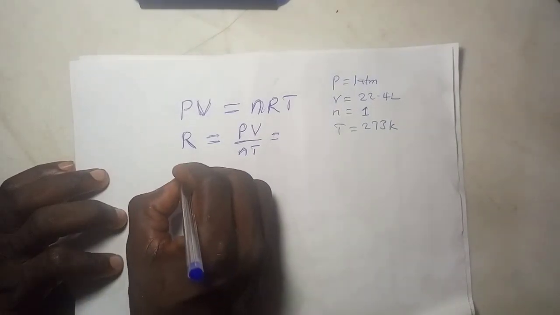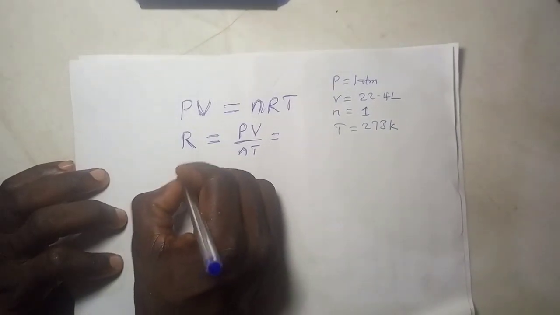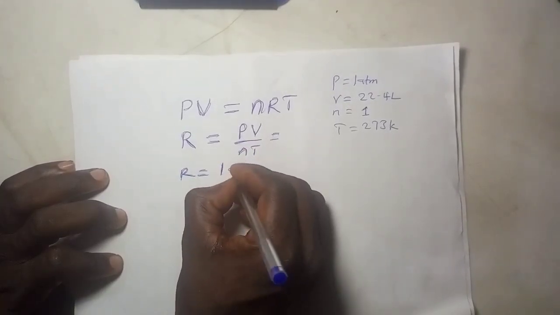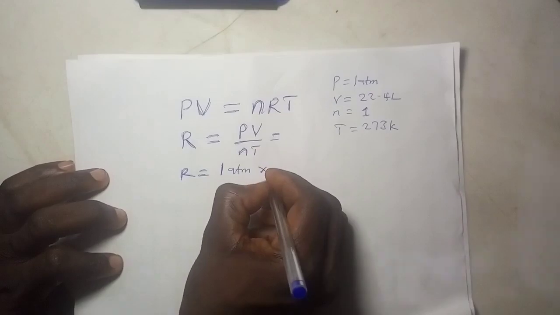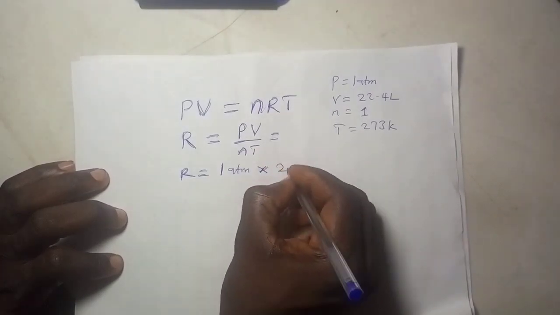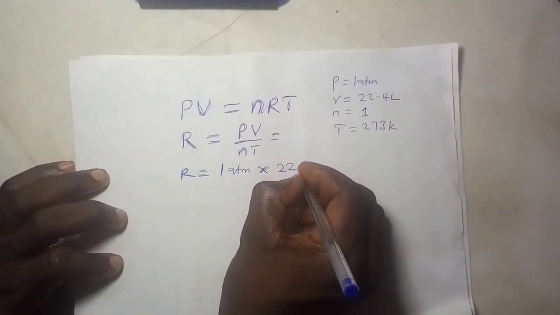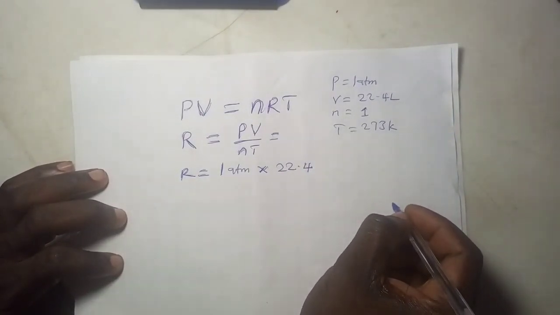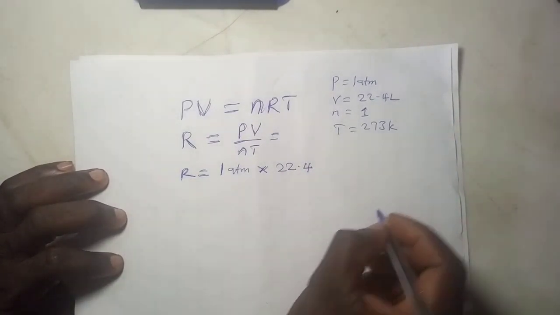R is equal to pressure, which is 1 atmosphere, times volume, which is 22.4 liter, or 22.4 dm cube, or 22400 centimeter cube.